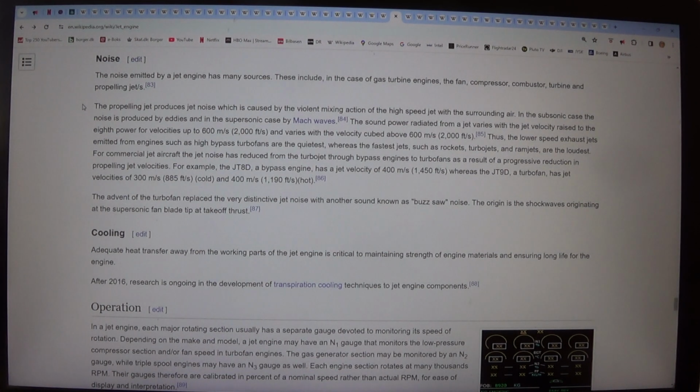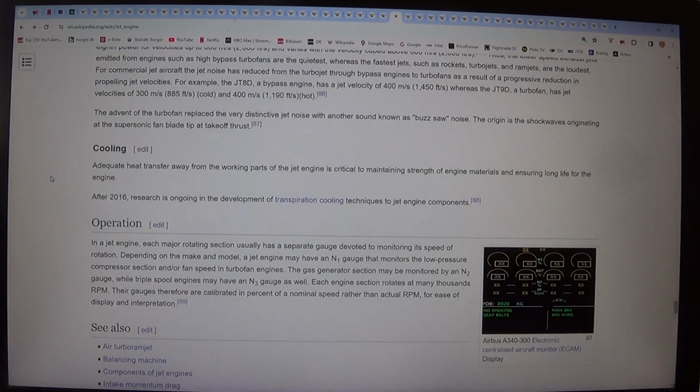For example, the JT8D, a bypass engine, has a jet velocity of 400 m/s (1450 ft/s), whereas the JT9D, a turbofan, has jet velocities of 300 m/s (885 ft/s) cold, and 400 m/s (1190 ft/s) hot.